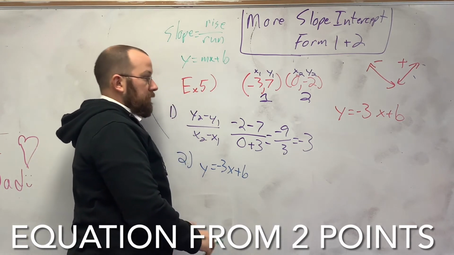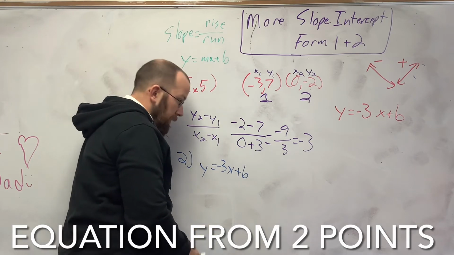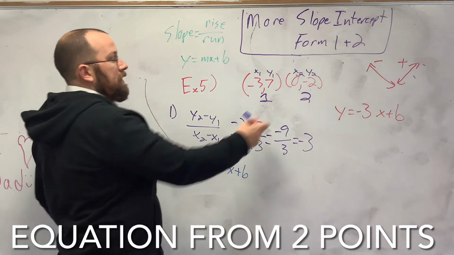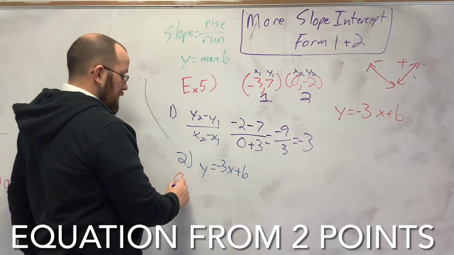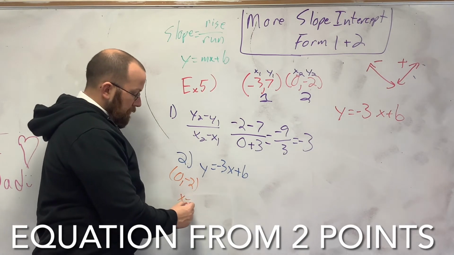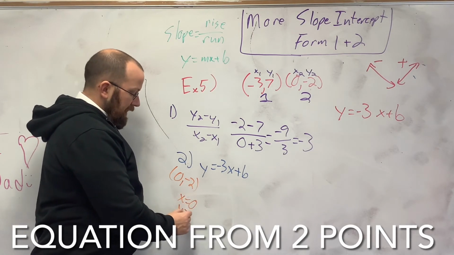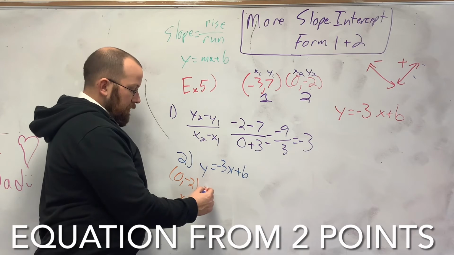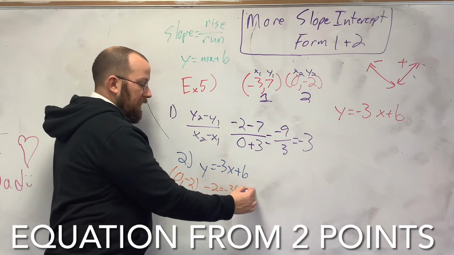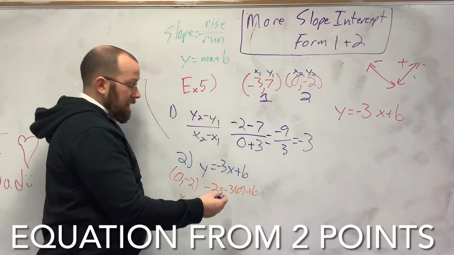I'll use green. Now I want to use orange. Where's my orange? Use orange. So I'm going to take the point 0, negative 2, and I'm going to plug it in. So x is going to be equal to 0, and y is going to be equal to negative 2. So negative 2 equals negative 3 times 0 plus b. Just leave b as it is.